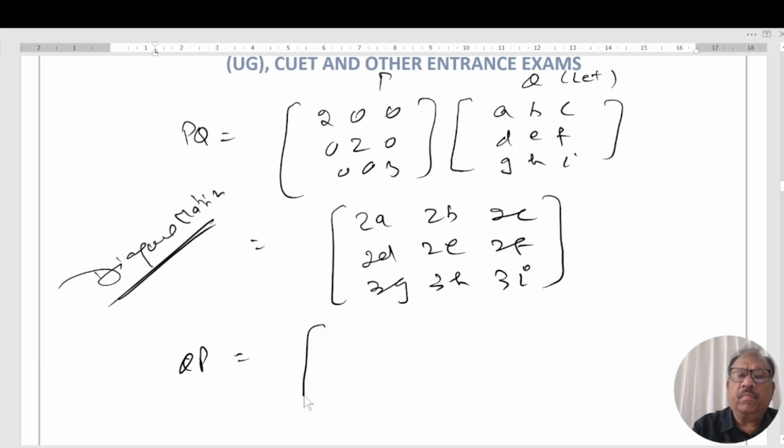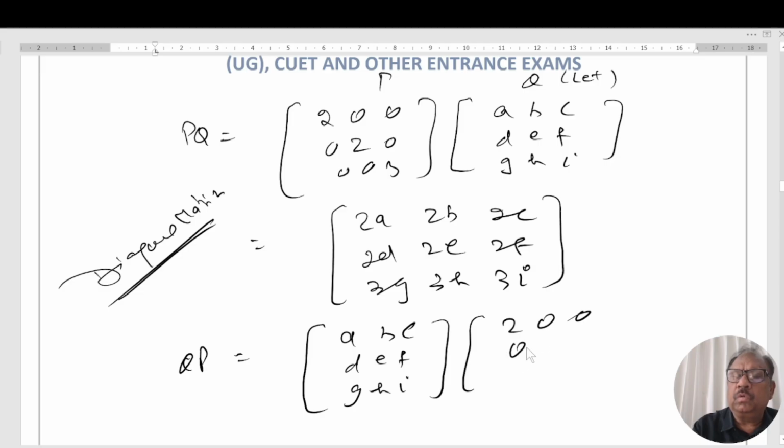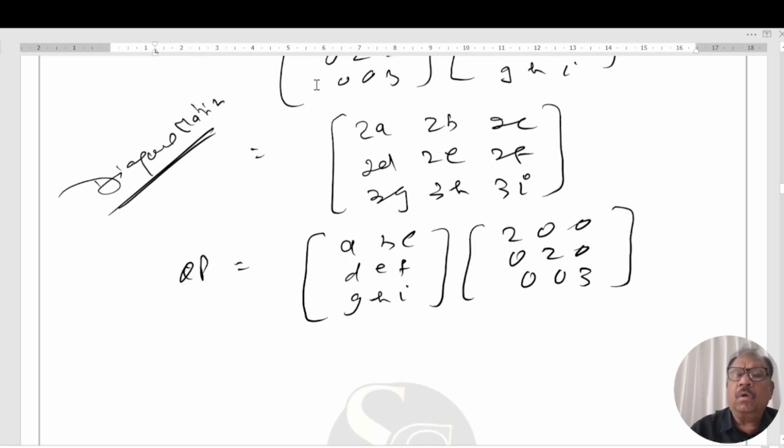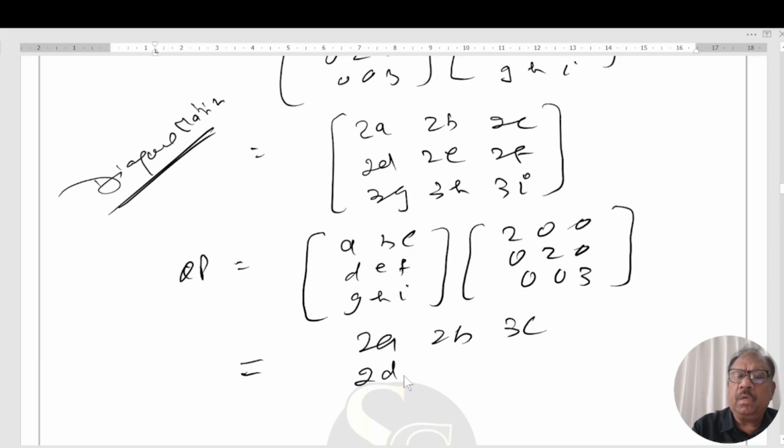QP equals ABC, DEF, GHI times 2 0 0, 0 2 0, 0 0 3. On simplification, the first row is 2A, 2B, 3C, the second row is 2D, 2E, 3F, and the third row is 2G, 2H, 3I.